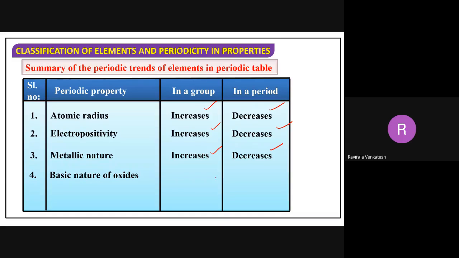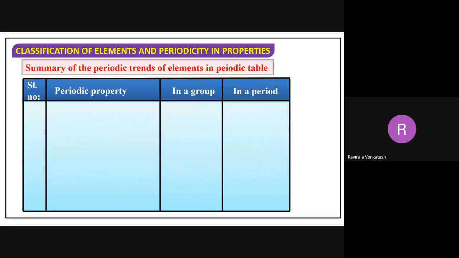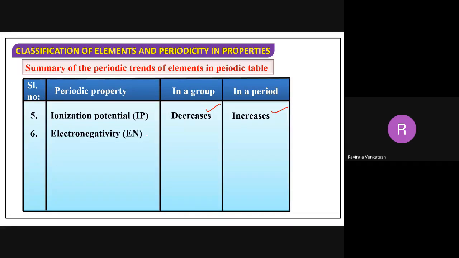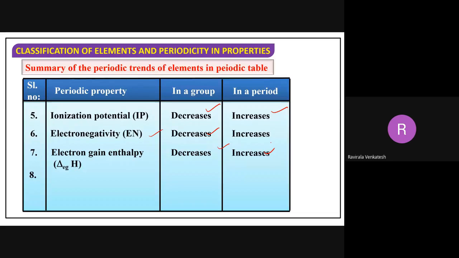Basic nature of oxides increases in a group and decreases in a period. Ionization potential decreases in a group and increases in a period. Electronegativity decreases in a group and increases in a period. Electron gain enthalpy decreases in a group and increases in a period. So if you observe here, non-metallic nature.